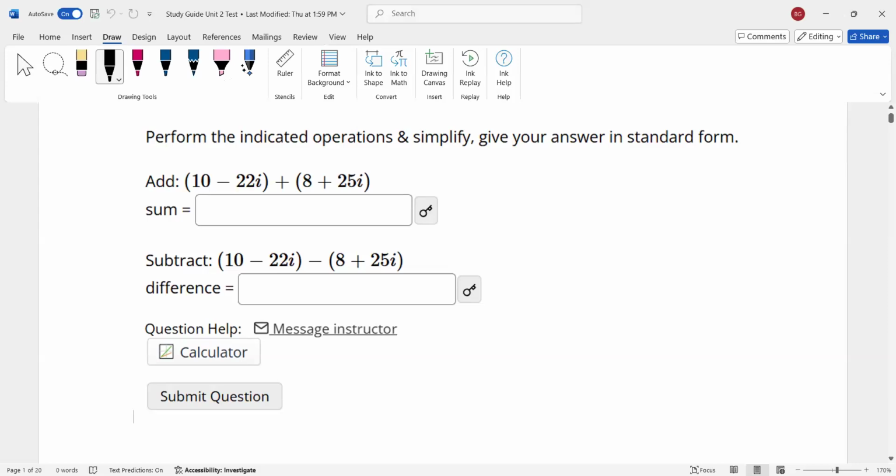Part one, we are adding two complex numbers, 10 minus 22i. Both of the two complex numbers are in the standard form. And the second complex number is 8 plus 25i.